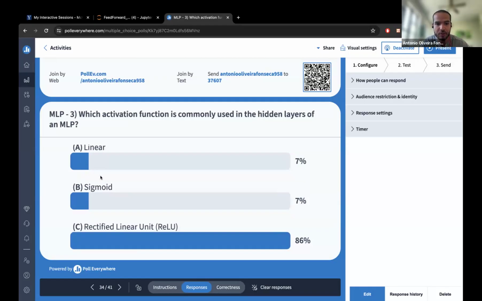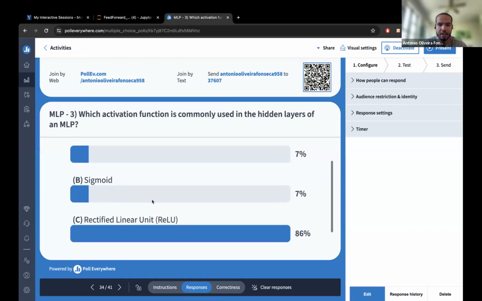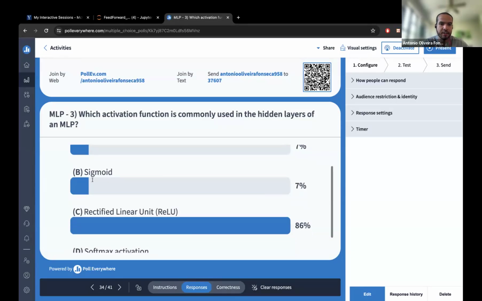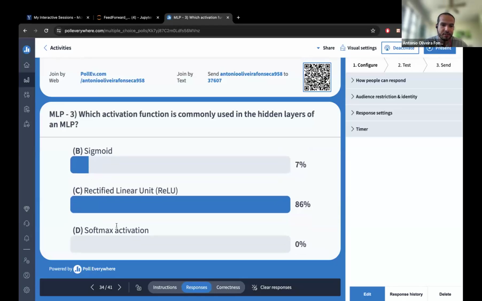So you could use linear too, but the overall recommendation is to use ReLU as the activation function for the hidden layers. Sigmoid is highly advised to be avoided, right? Softmax activation, we didn't even cover that because this is mostly for classification. Okay, so ReLU would be the correct answer.